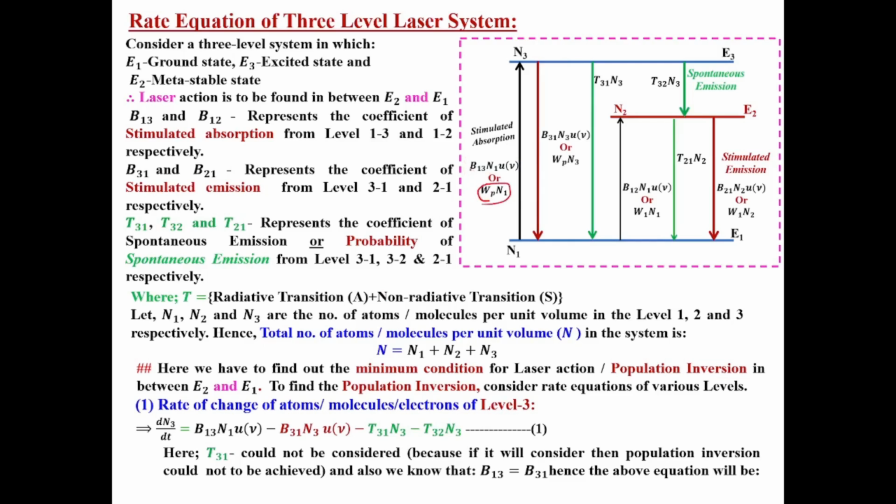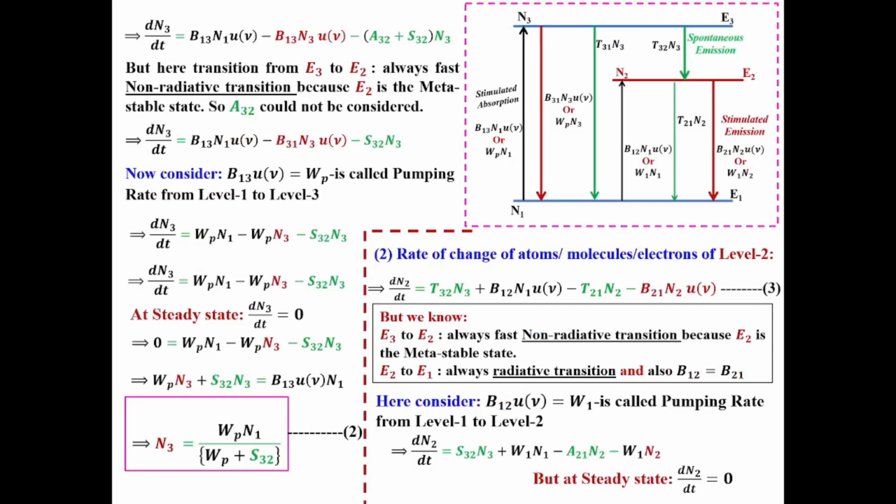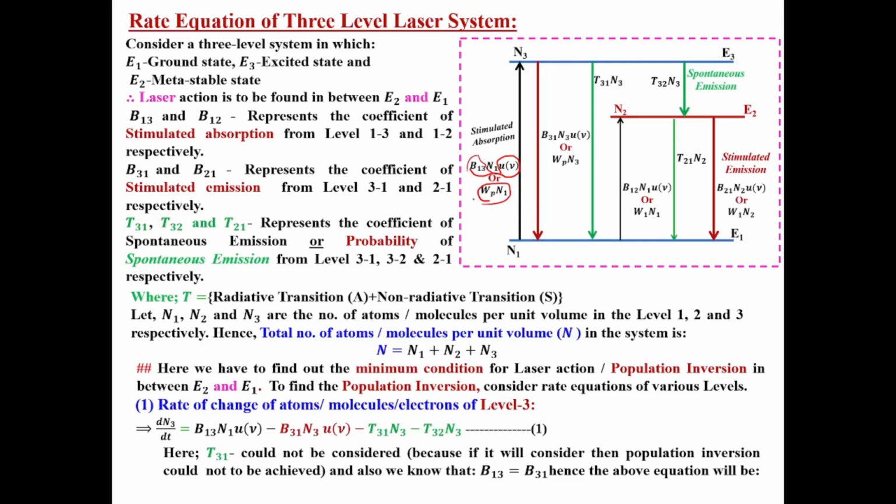Here WP is nothing but B13 into U mu, also called the pumping rate from level 1 to level 3, and this term will be positive because due to stimulated absorption, N3 increases.